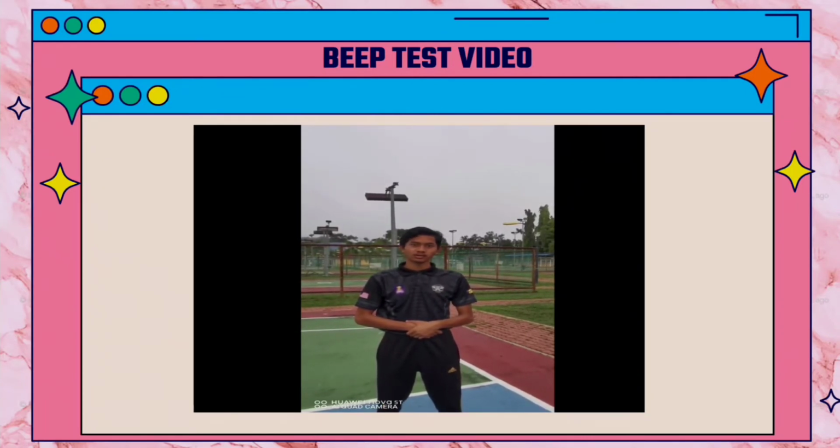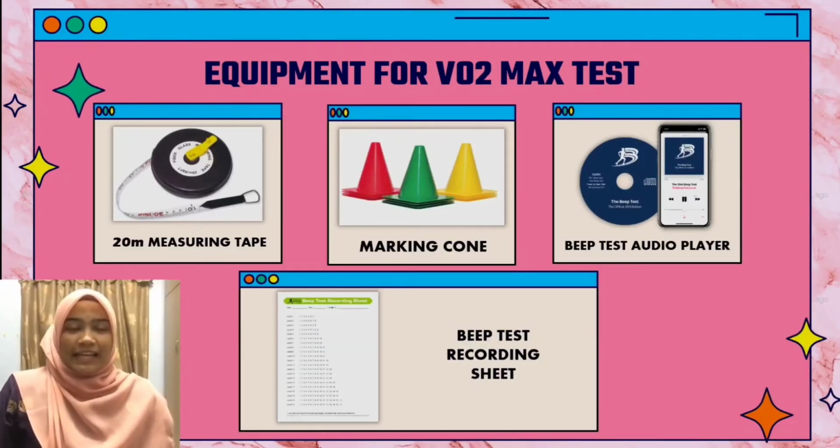Assalamualaikum warahmatullahi wabarakatuh. For the next slide, I will explain about the equipment for the beep test. First, a 20-meter measuring tape. It is to measure the distance of the test. Next, marking cones. They are to mark the distance between points along 20 meters.